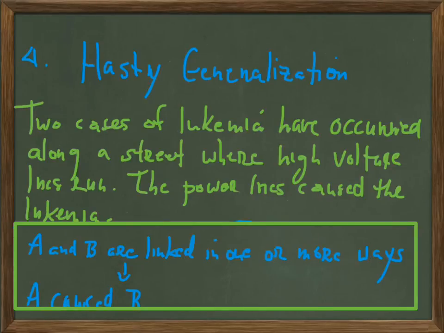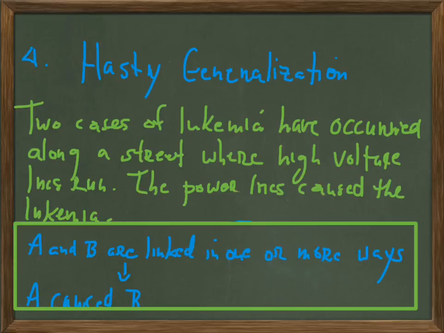We cannot conclusively conclude that. If we look at this in a more careful way, what could we do that would not be a fallacy? Well, let's say we had conducted a study of a large number of neighborhoods where high voltage lines ran and where they did not run, and where the high voltage lines ran, we had a significantly higher occurrence of leukemia than where the high voltage lines did not run.